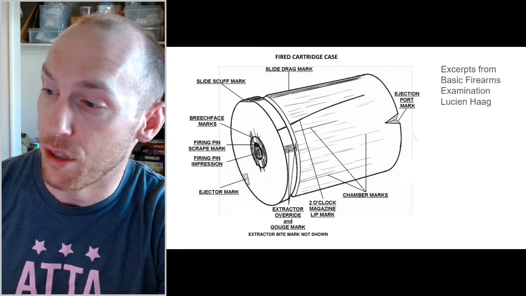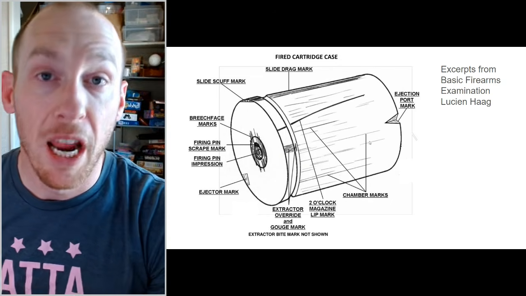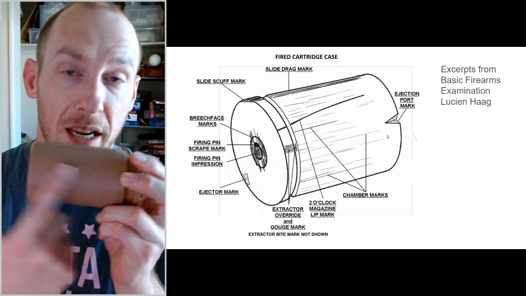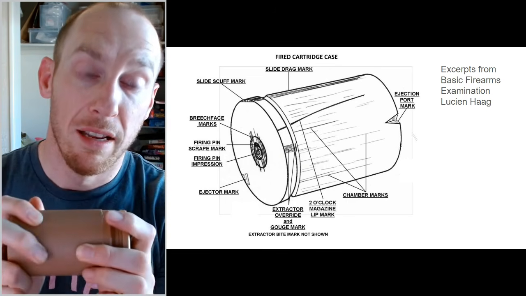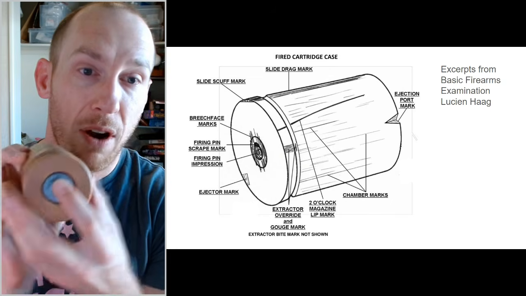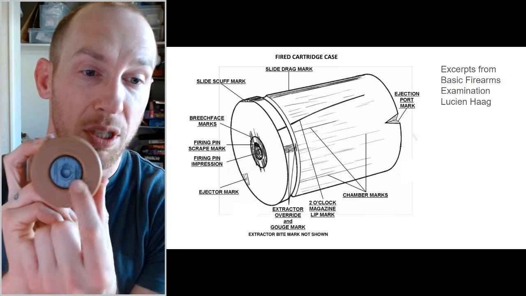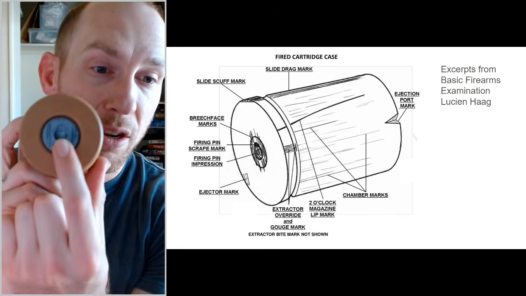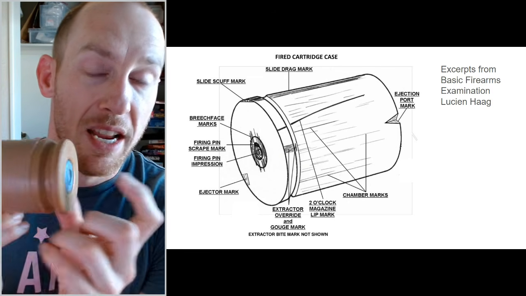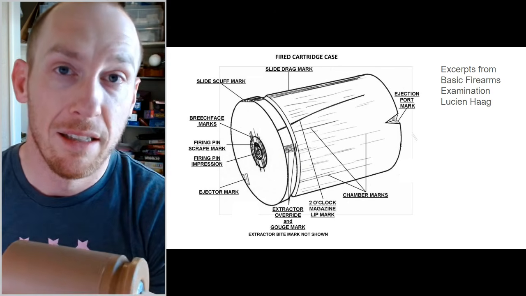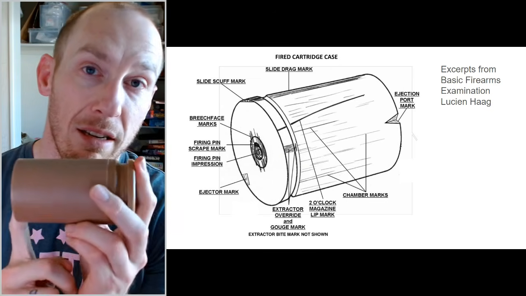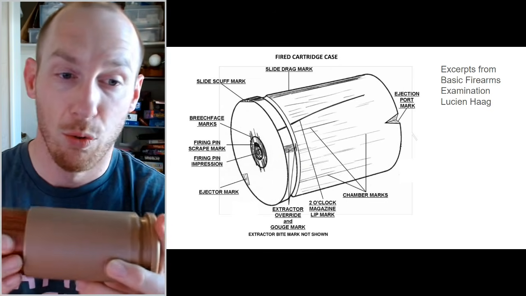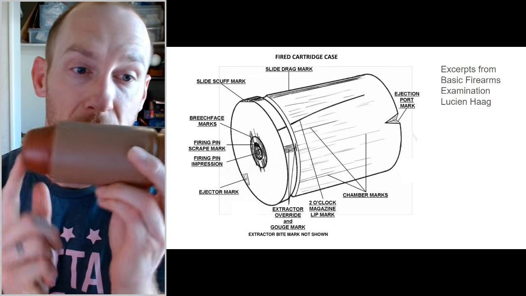As an example, you can see chamber marks, which have all these different arrows going to these short marks. If they're truly chamber marks, these are going to be on the case wall, and they're generated from the firing process. As the firing pin strikes the primer, which is this silver portion back here, where you'll see there's a little indent, it's crushing the primer against something inside the primer called the anvil. That's going to initiate combustion inside of your cartridge, which, remember, the cartridge is the whole thing.